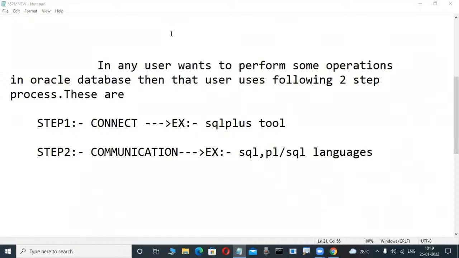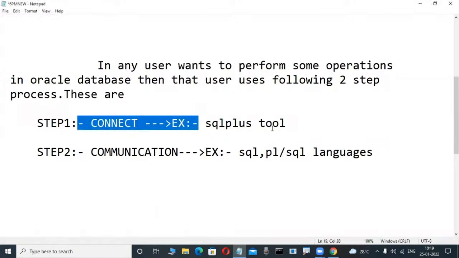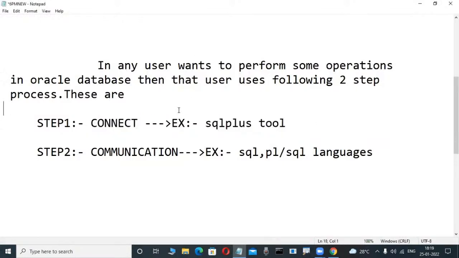Newcomers may not know, but those with computer knowledge already have these tools, so don't worry. Write this theory: step one, connect using the SQL Plus tool. Step two, communication using SQL and PL/SQL languages.